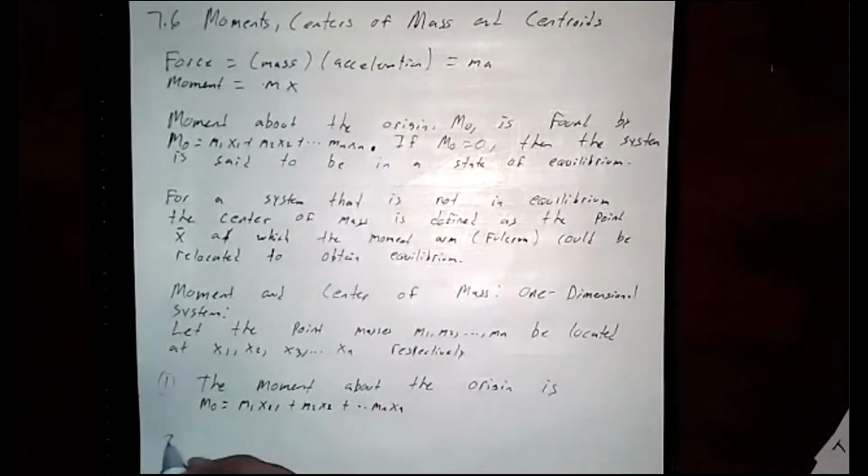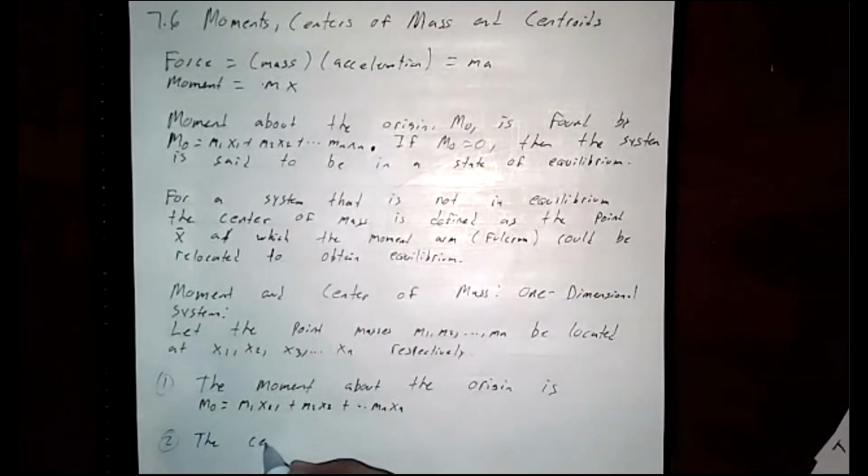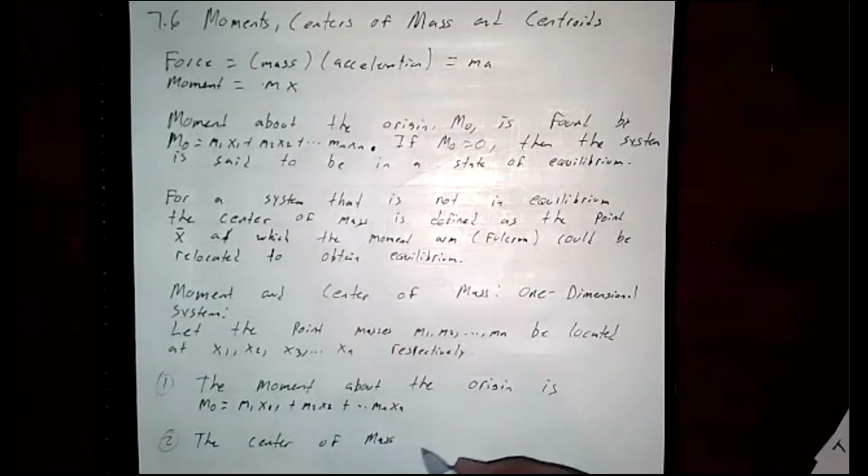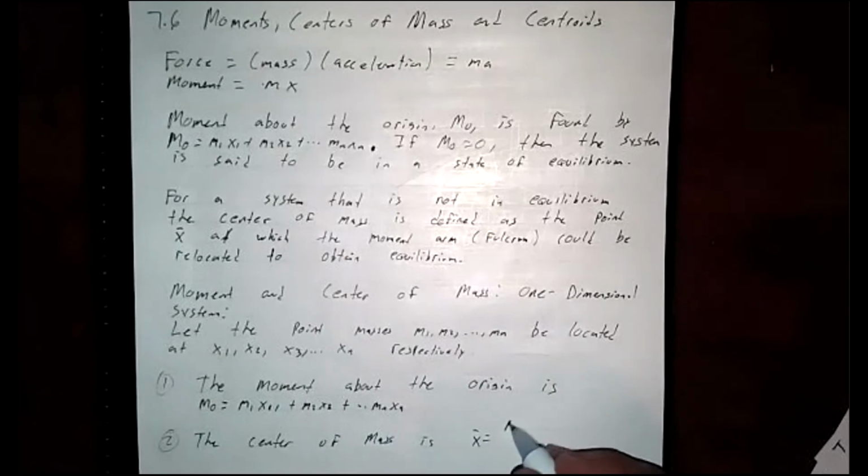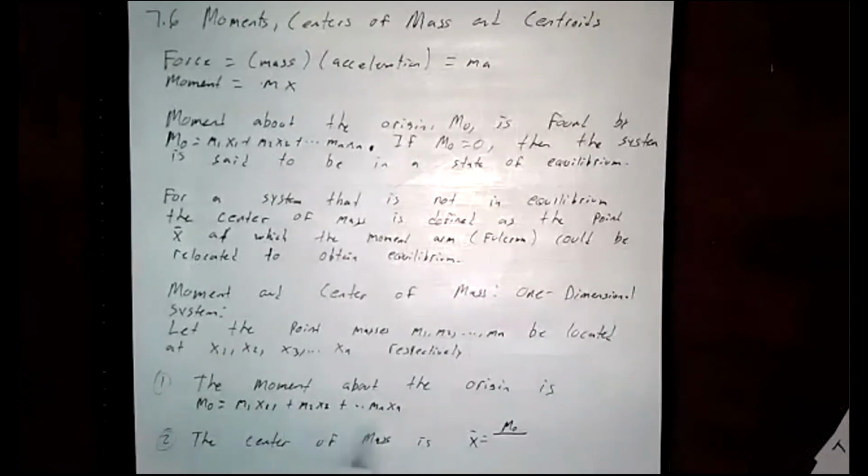Okay, number 2. The center of mass is x bar, which will be equal to m naught, which is the summation of all those pieces, divided by m.